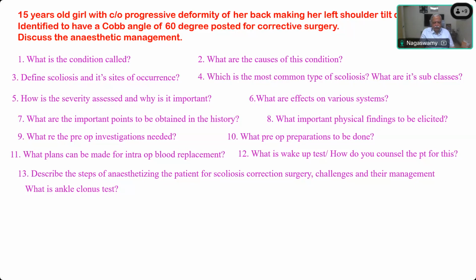Never forget that. That is a very basic step. If you make a mistake on that, the examiners won't tolerate that. Never forget to mention pre-oxygenation in all patients, whether they are young or old. Pre-oxygenation for 3 minutes, especially in a scoliosis patient who may have a compromised restrictive lung function.